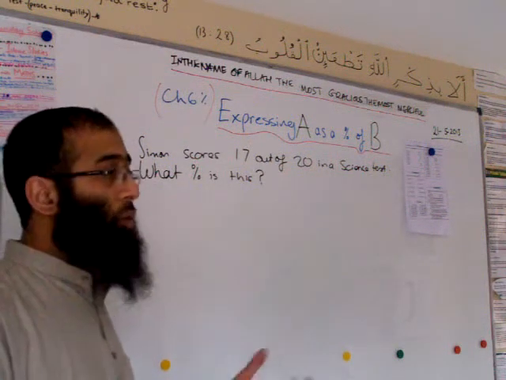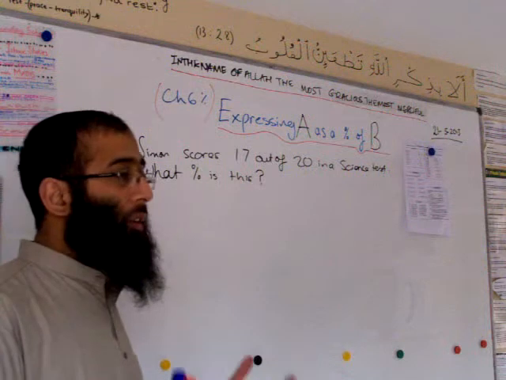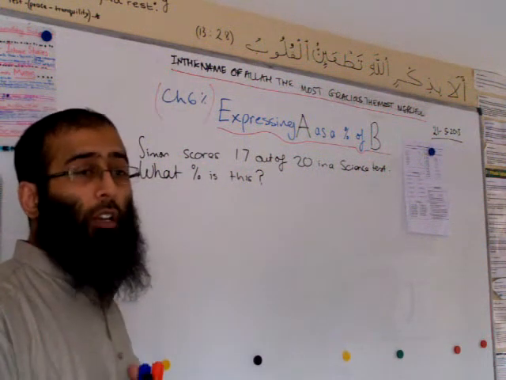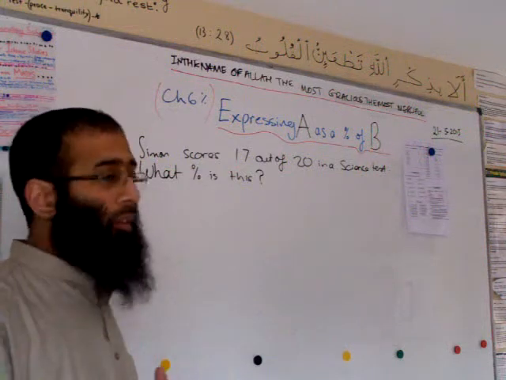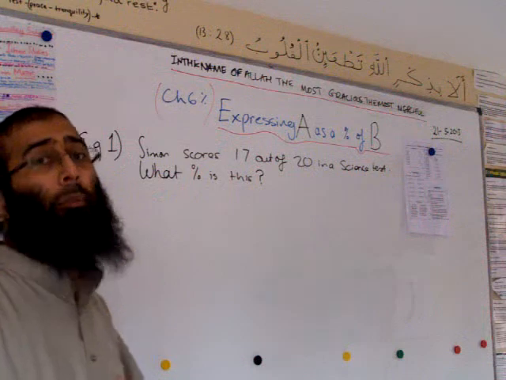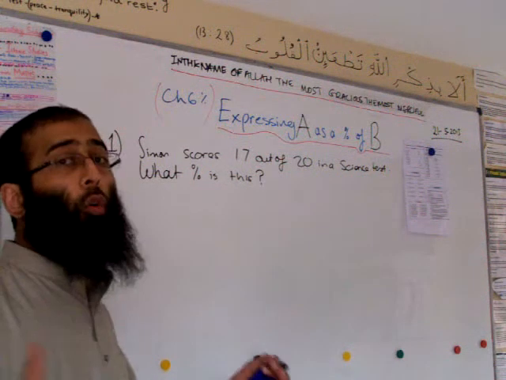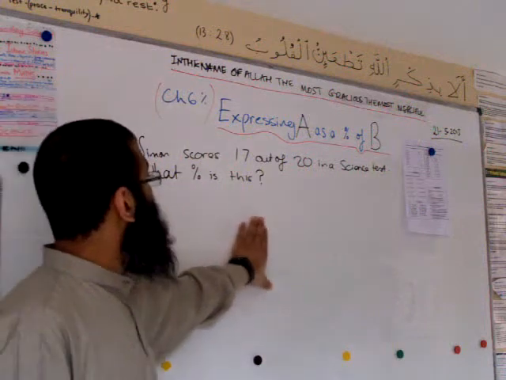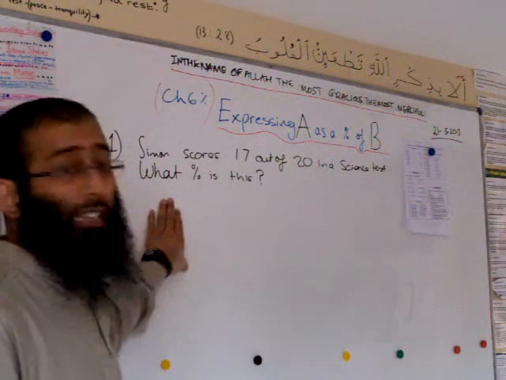Or in a car park, you have 3 green cars, 5 blue cars, 12 yellow cars. What percentage are yellow? There are many examples where you would be required to work out a percentage. We'll just look at this context for this particular example.